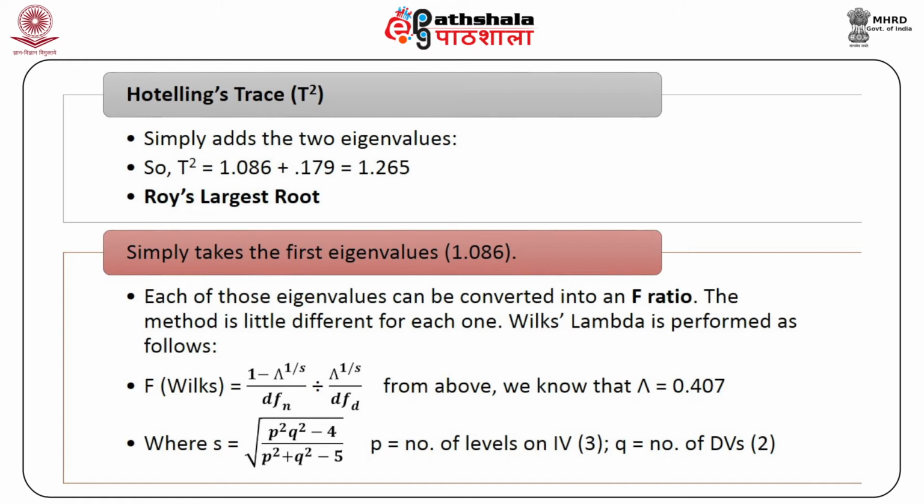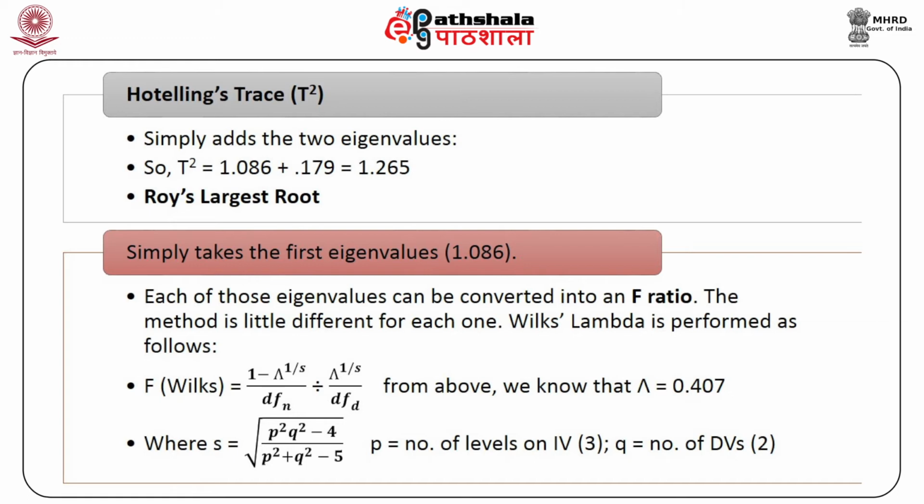The last method to find the F value in MANOVA is Roy's largest root, which simply takes the first eigenvalue, and each of those eigenvalues can be converted into an F ratio. The method is a little different for each one. Wilks lambda is performed as follows.